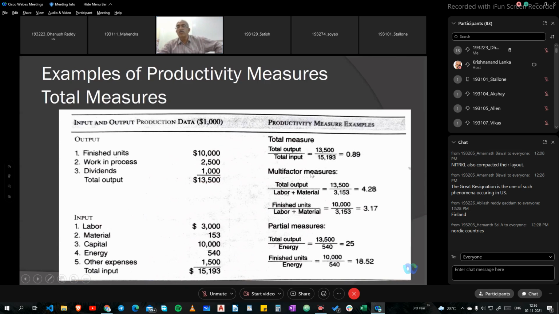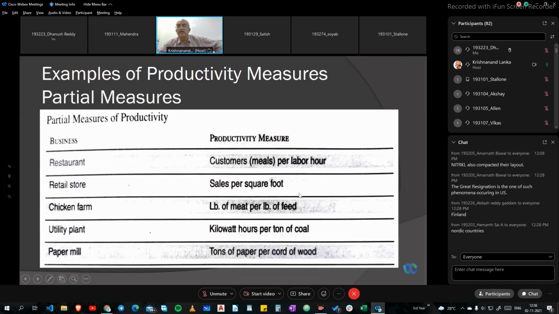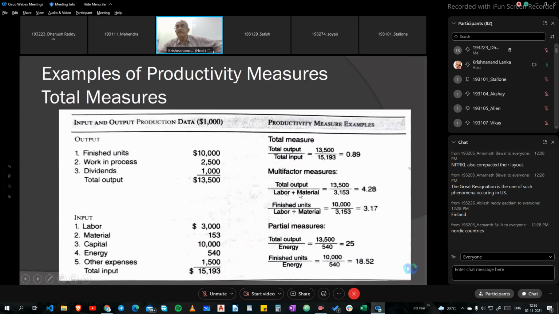And here, if you take multi-factor productivity, like total output by labor plus material, it is 4.28. But is it productive? We can't say unless we compare with its competitor. We don't know whether it is a productive figure or not.